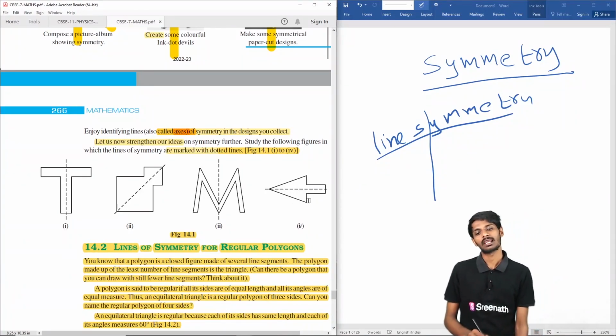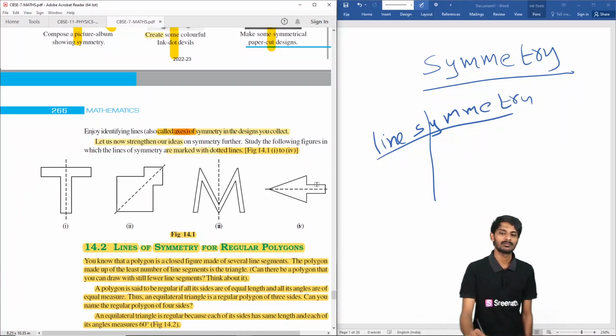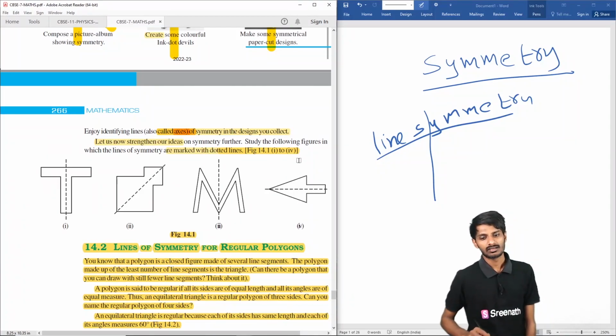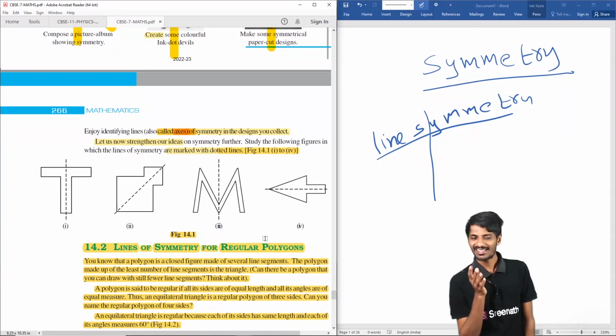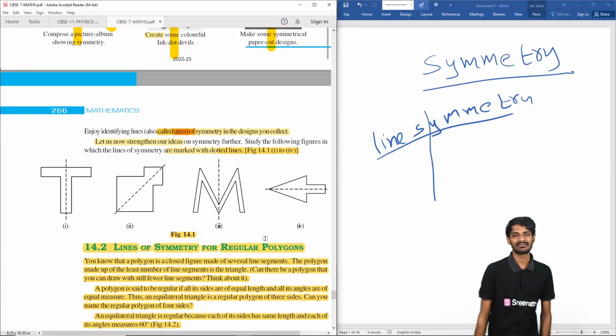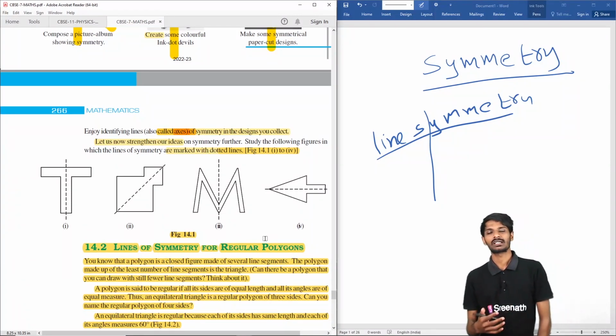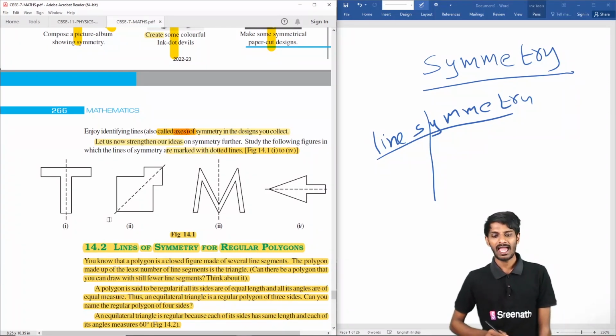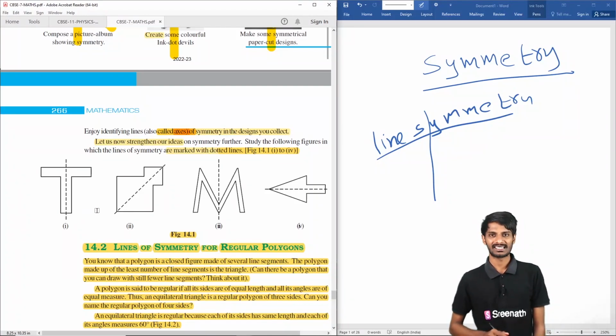So along this line, if you fold, exactly both things will match. The left side and the right side, and the top side and the bottom side are like Xerox copies. That is the beauty of line symmetry. And that dotted line is called the axis of symmetry, students. So that is the meaning of line symmetry and the axis of symmetry, students.